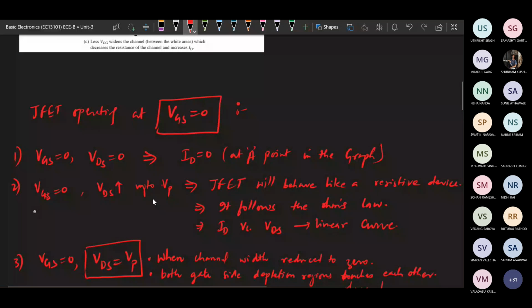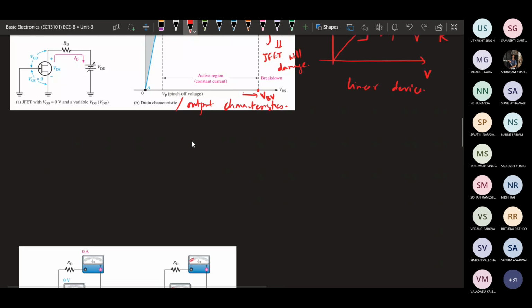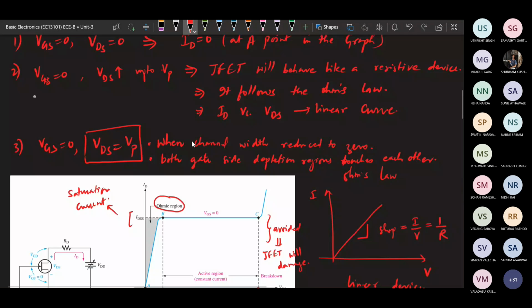Now case 2 is VGS less than 0, with VDS increasing. This is case 1 and this is case 2.